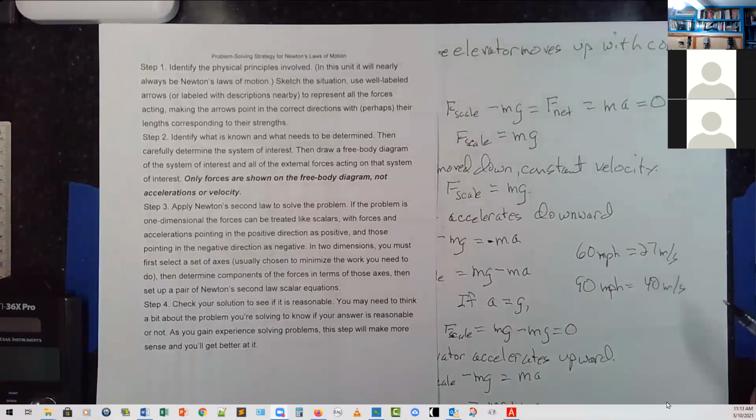So if you're looking at a car speed and you end up with a number like 512 meters per second, you probably made a mistake, because that would be over 900 miles an hour. Your car would be breaking the speed of sound.